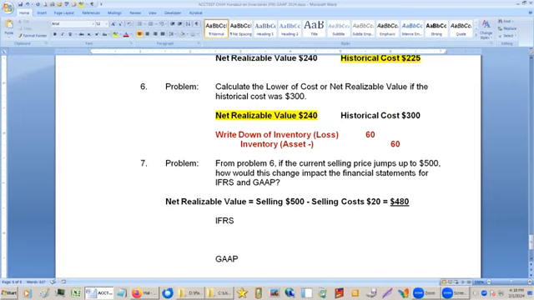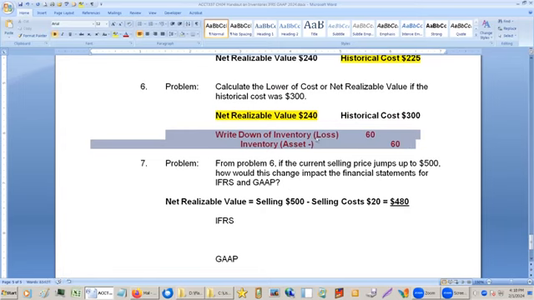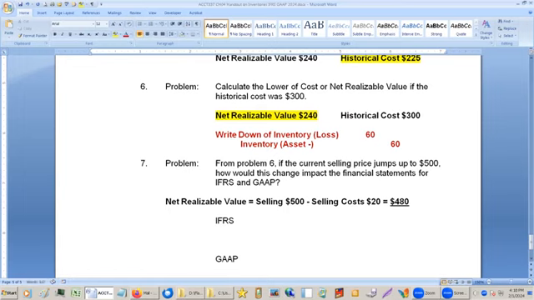Is it 20? Close. Here's what we're going to do. For the international standards, we're going to reverse this out, basically. We're going to write it back up to the 300, or whatever it recovers by.